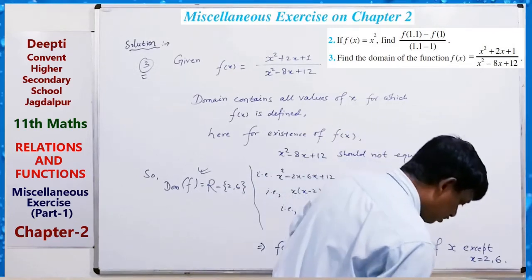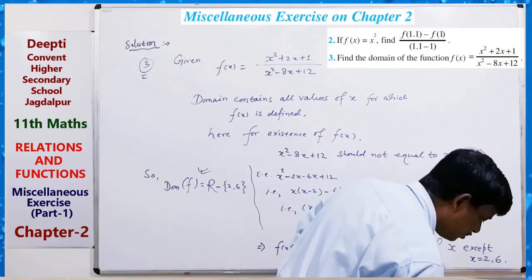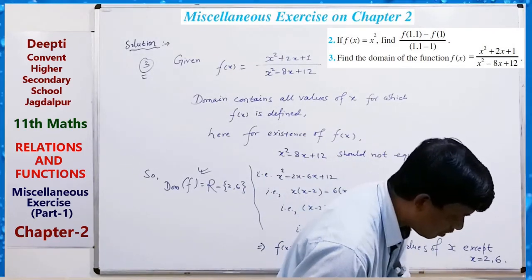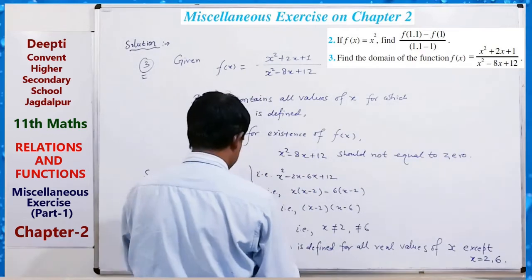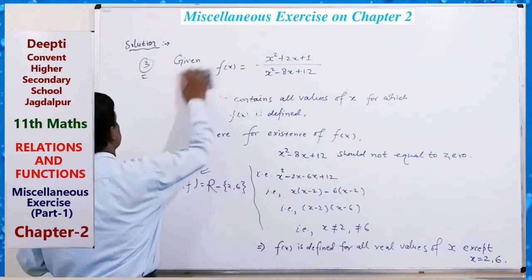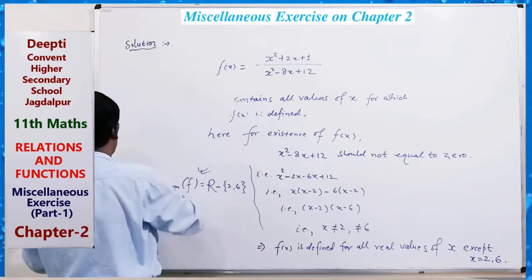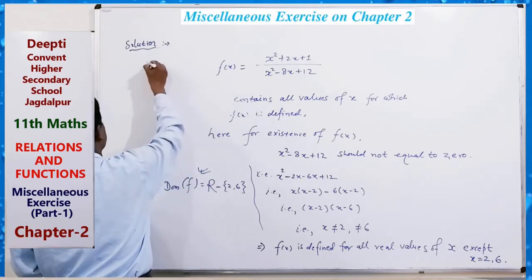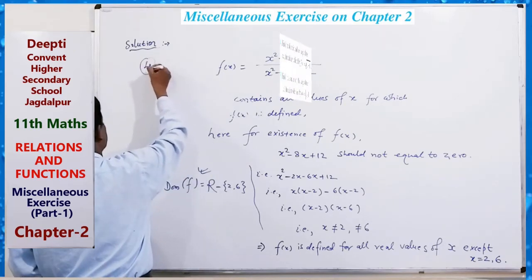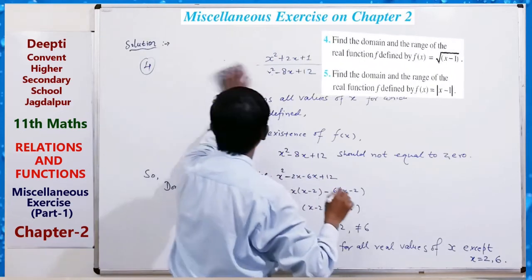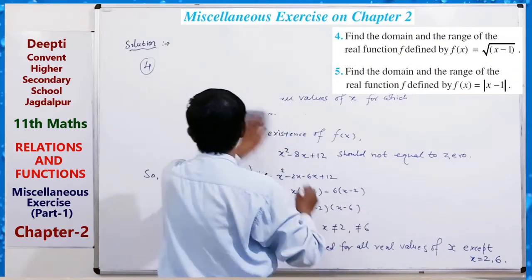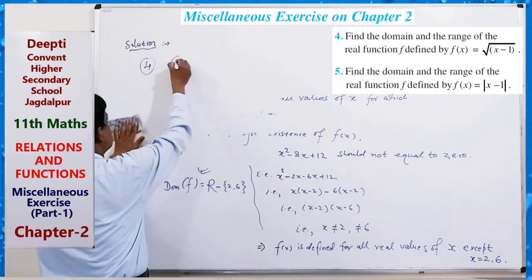Okay. Now the question: find the domain and range of the real function f defined by f(x) equal to root of x minus 1. This is question 4. We have to solve question 4. Here we have to find the domain and range.